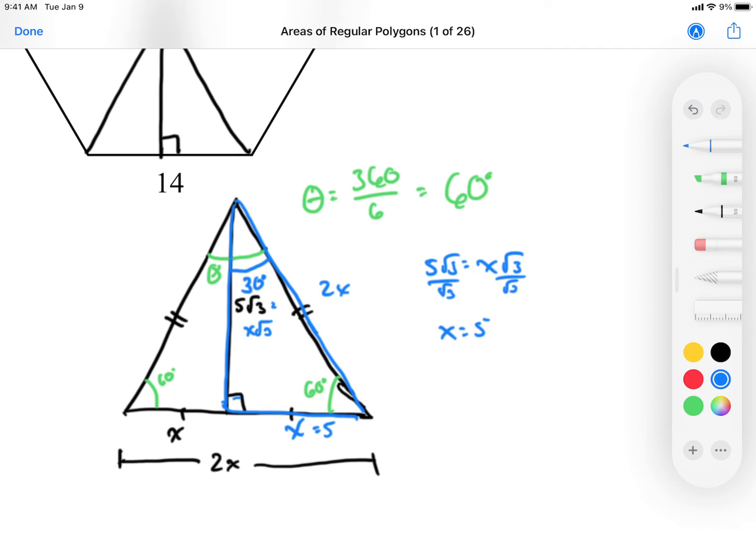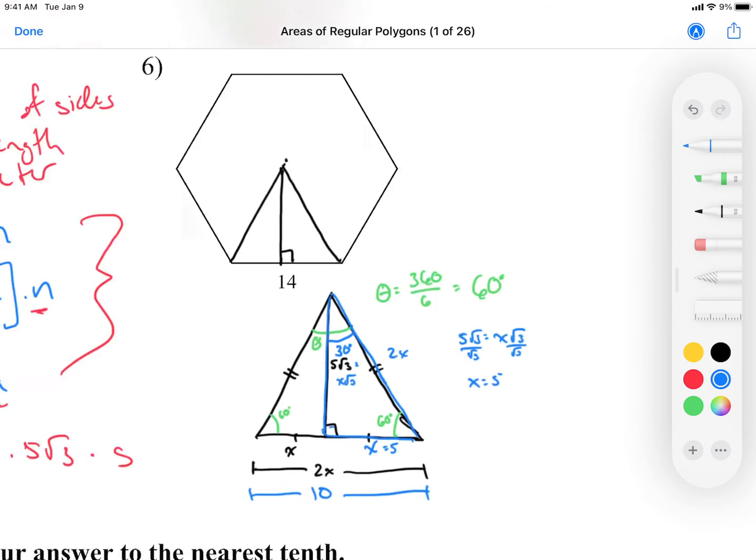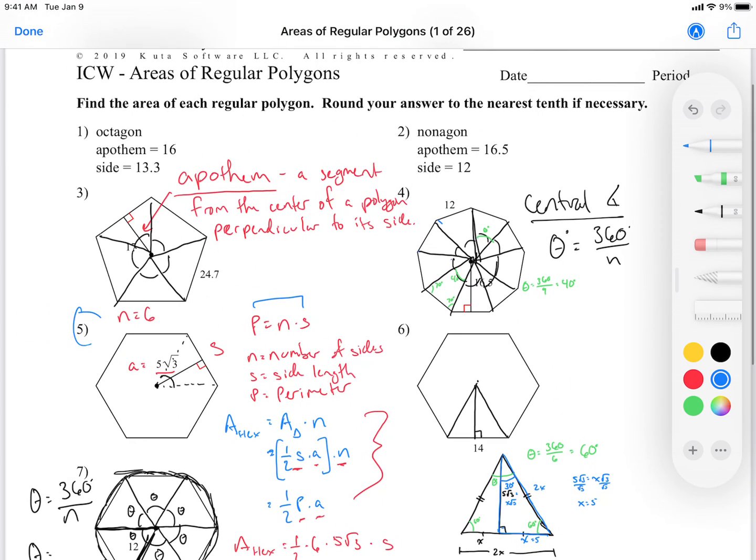And so half of my side length is 5, which means my entire side length is 10. Okay? Zooming out means that over here, this whole side length is equal to 10.